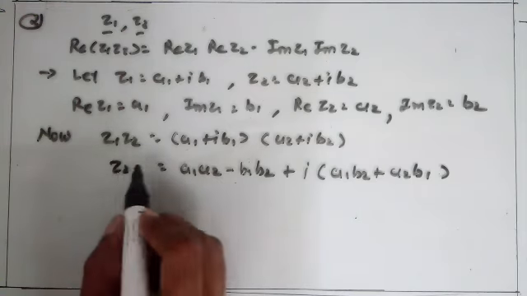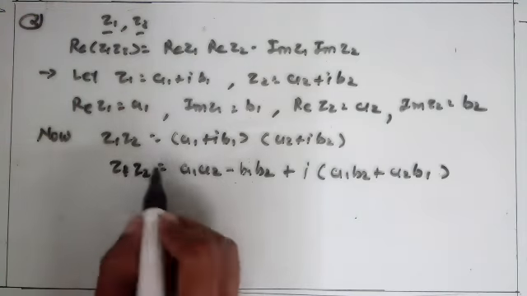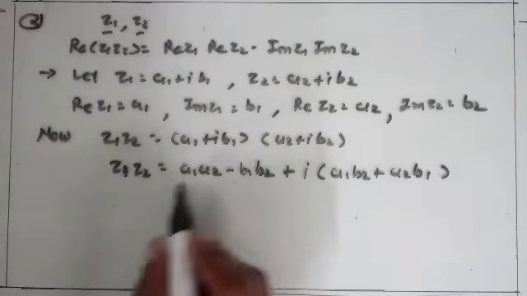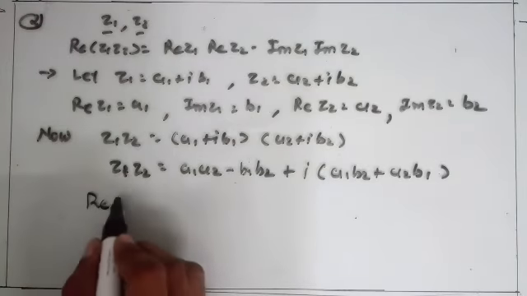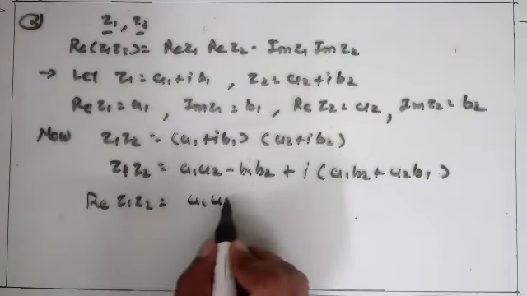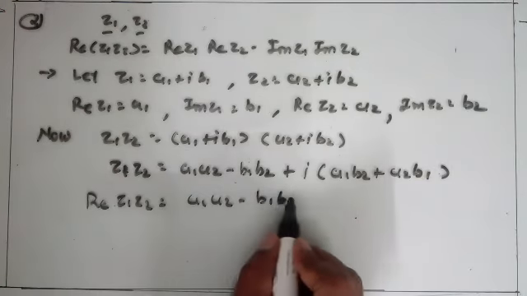You know how to get the multiplication of given two complex numbers. Here real part of Z1 Z2 is equal to a1 a2 minus b1 b2.